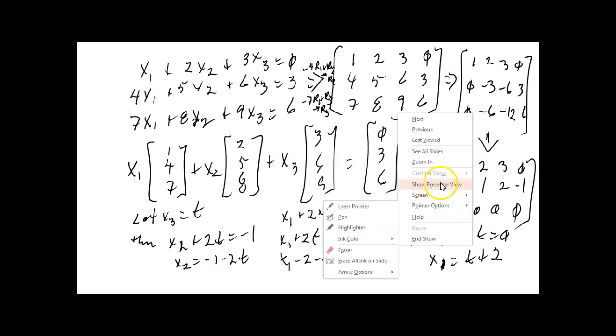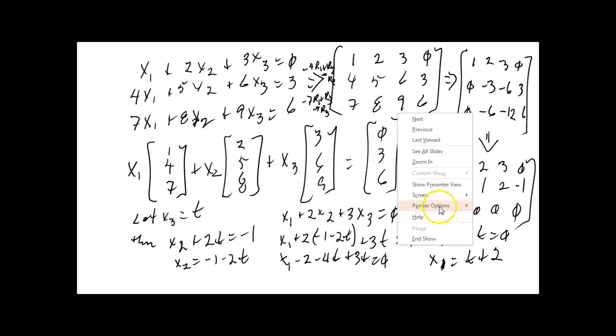And since maybe not everybody has books, let me erase all ink on the slide. What we have: A, B, and C are matrices. They all happen to be the same size, M by N. M rows, N columns.